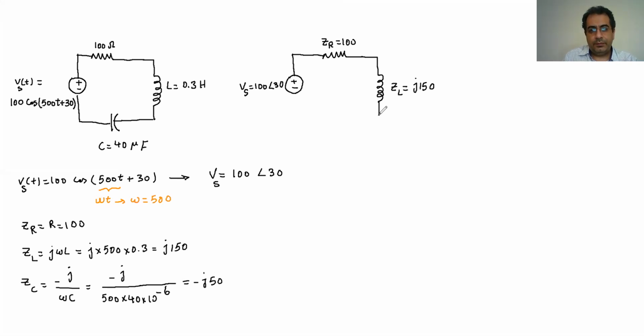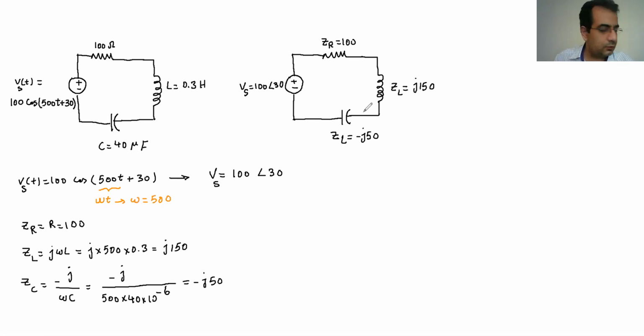So then I have the capacitor, and the capacitance converted to impedance is negative J50. So now I write everything in the format of impedance, by the time of phasor.